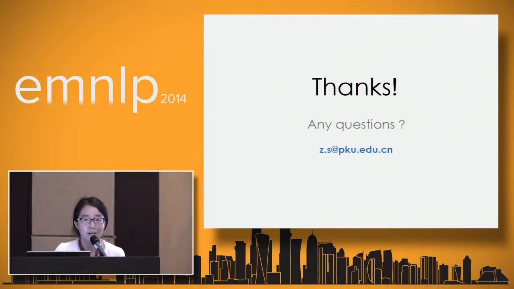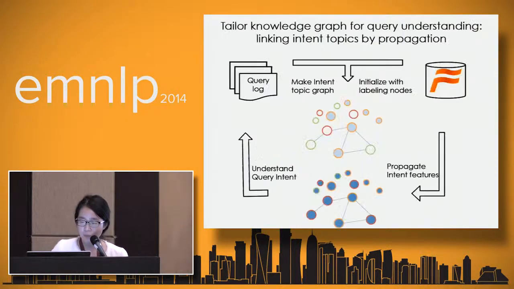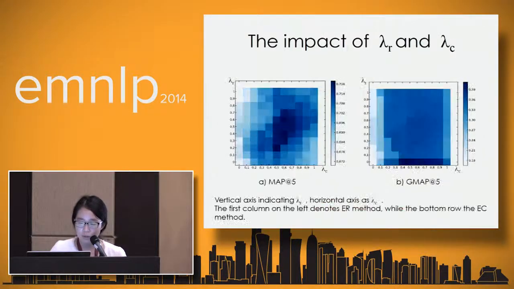Hello, nice talk. I wanted to ask about the duplicate nodes that you found. How did you find them? Duplicate nodes, yeah, in the intent topic graph. There's a more detailed description in my paper.